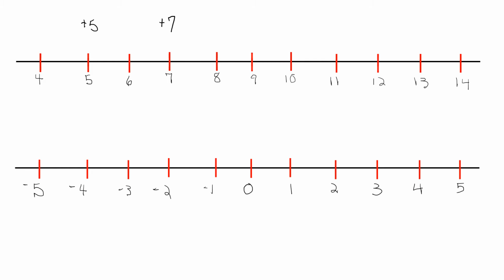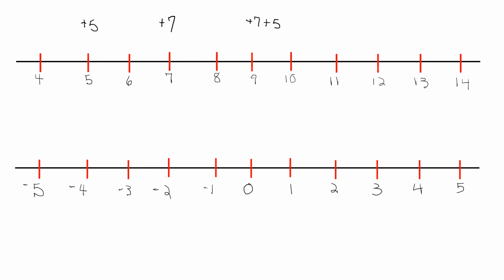Now look at the number line graph on the bottom. Do you see how it has positive numbers on the right of the zero and negative numbers on the left side of the zero? So the first number line graph has no negative numbers. These are all positive numbers, which means I can write the two numbers that I picked like this: +7 plus 5.